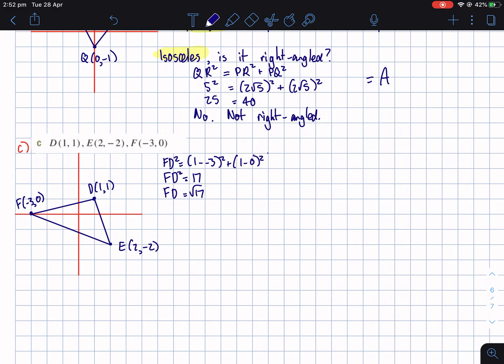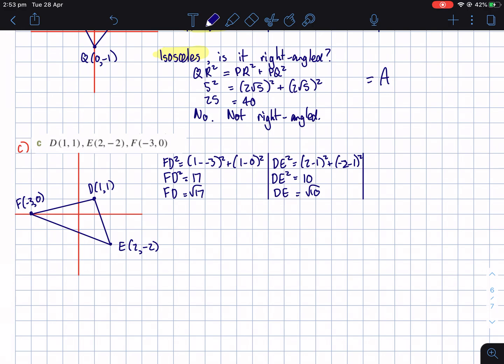DE squared is going to be 2 take 1 squared plus -2 take 1 squared. So we've got 1 squared plus 3 squared, 10. So DE is root 10.